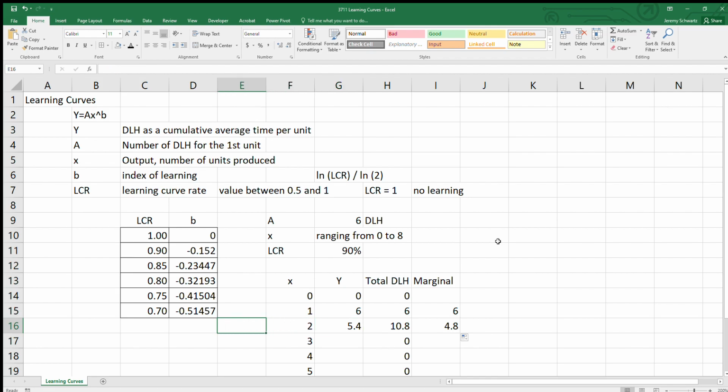So just parenthetically, we would take 5.4 divided by 6, and we see that's where our 90% comes in. So that's how this all fits into the formula, and we'll continue on in the next video.